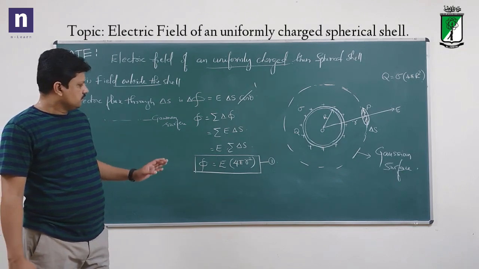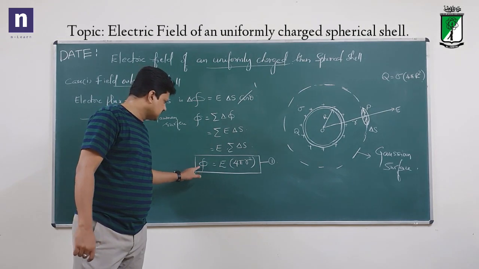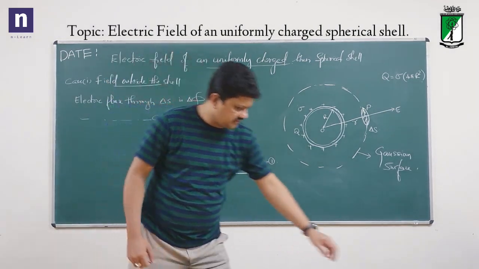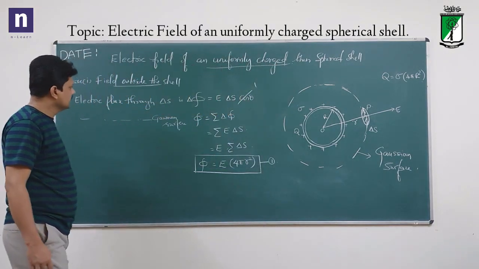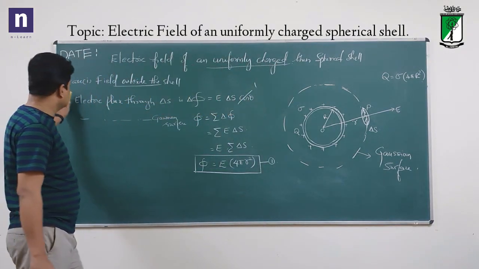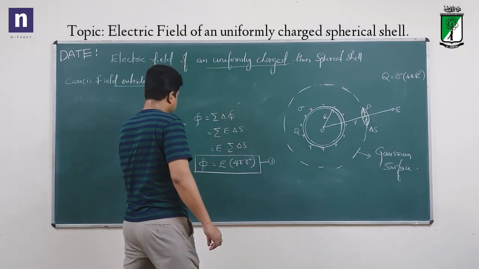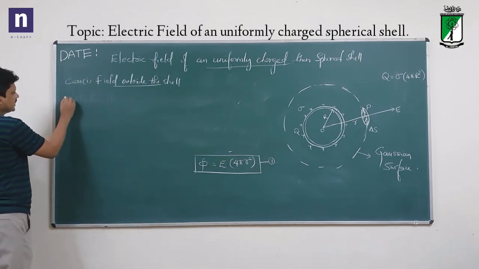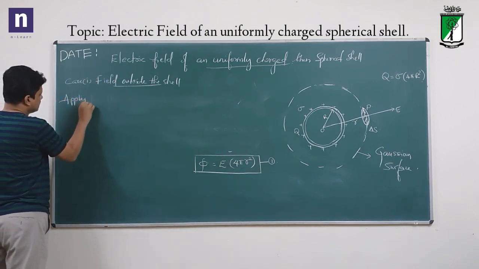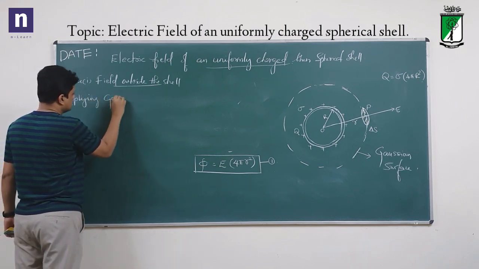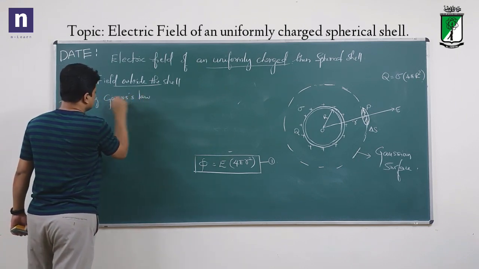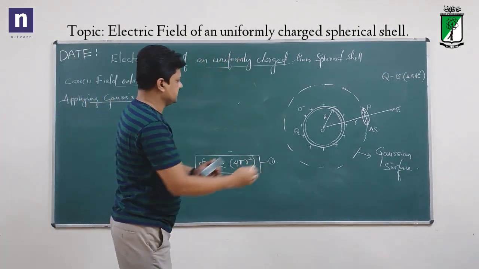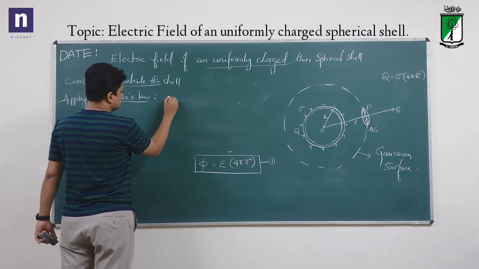Now, by definition, we can get the flux through any closed surface using Gauss's law also. Let me just keep equation 1 as it is. Now, applying Gauss's law, what is the flux through the closed imaginary surface? It is simple.